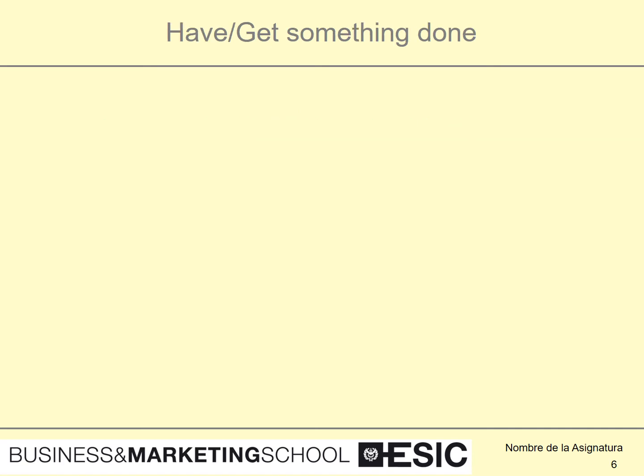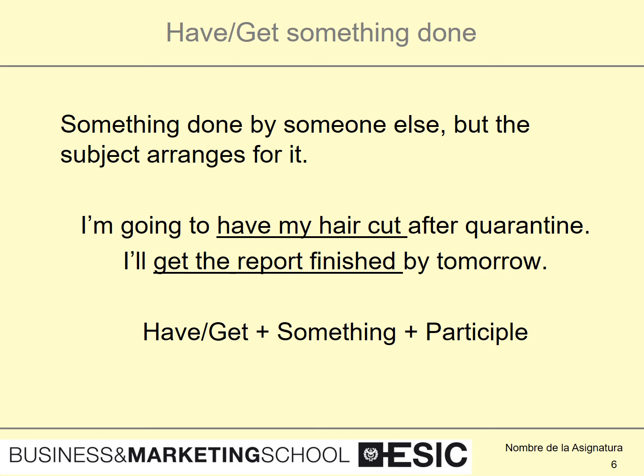And now we go to the special type of passive, which is have or get something done. Sometimes we study this separately, but I think it is easier when we see it with passives. So it's when something is done by someone else, but the subject arranges it. This explanation is awful, but let's see the example.